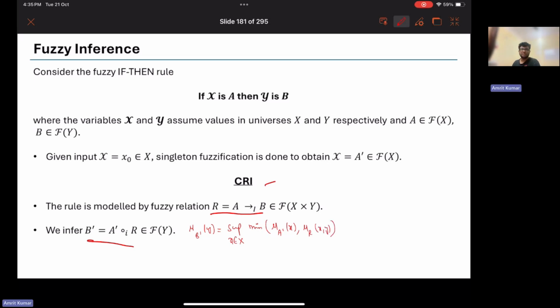So we are taking a supremum. Now notice that this supremum can be split, since X can be written as the singleton x naught union X minus x naught. And therefore we can break this supremum into two parts.